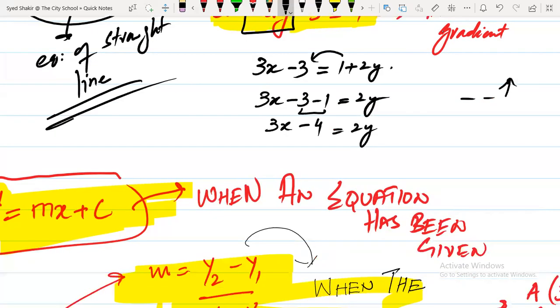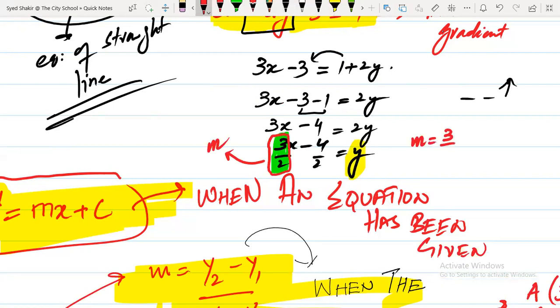Now 2 is multiplying, so it will be divided after changing its position. When y becomes the subject, whatever the coefficient of x is called the gradient. So the line has gradient 3 upon 2.